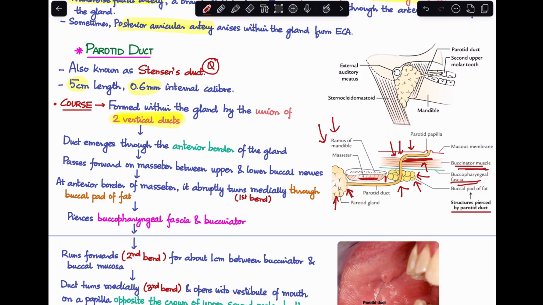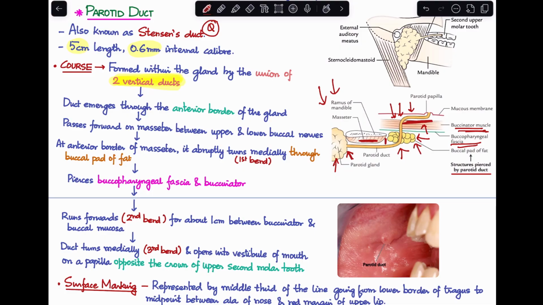It runs for about 1 centimeter and then it decides to turn medially, taking the third bend. So, this over here is our third bend. Our first bend happens here, then is our second bend, and this is our third bend. And as it turns medially, it pierces through and opens into the vestibule of the mouth on a papilla which lies opposite to the crown of the upper second molar tooth.